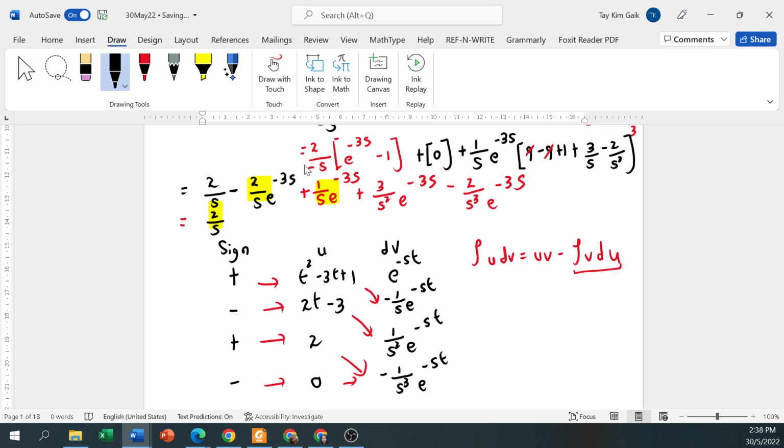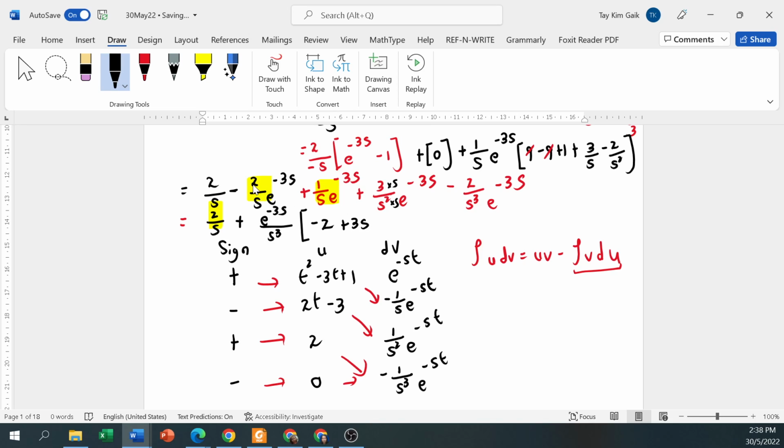Or I collect together all the exponent negative 3s, so exponent negative 3s over s cubed. From here, s cubed, this term you get minus 2. And then over s cubed, this is s squared, so you have to multiply s here. So this will be plus 3s.